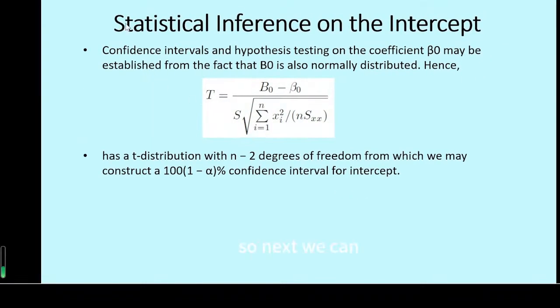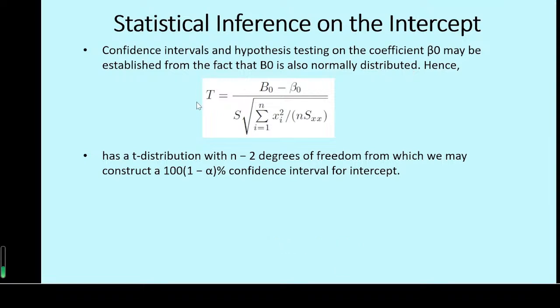Next we discuss statistical inference on the intercept. Beta 0 is estimated as the intercept, and if we resample many times, we can show this estimated beta 0 also follows a normal distribution.